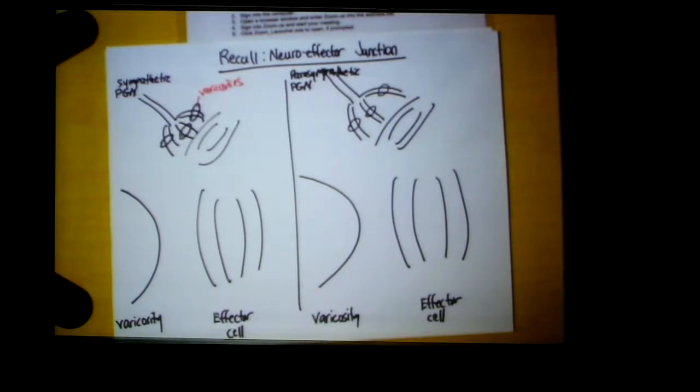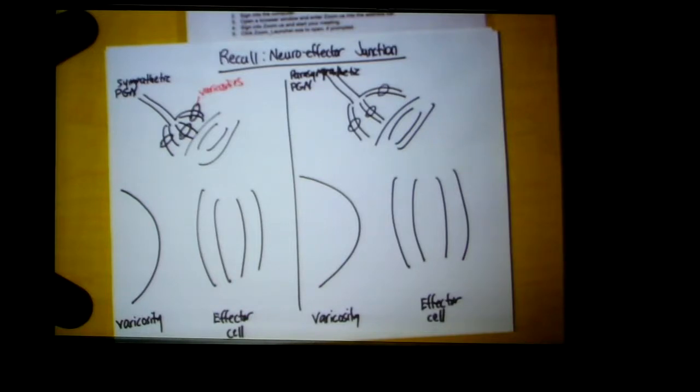Now, on the sympathetic side, what neurotransmitter is going to be stored in this varicosity? If this is a sympathetic postganglionic neuron, what's the neurotransmitter?